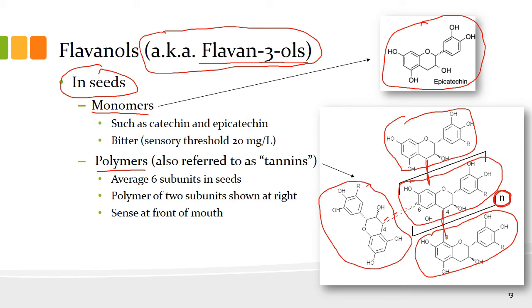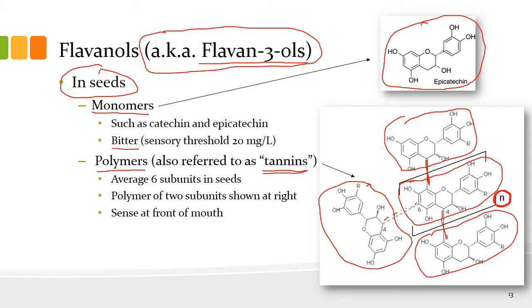When they get big, we refer to them as tannins. And remember in the last video we said that tannins are defined by their ability to tan hides, but we can't give you one structure of tannins because they're very complex like this. So tannins in seeds can be monomers, and those are often bitter. They're small, and they are more bitter in our mouth.